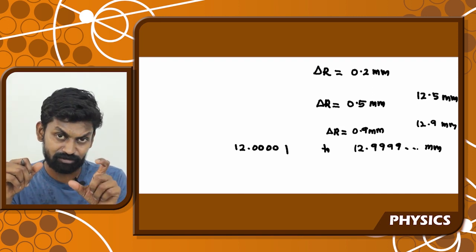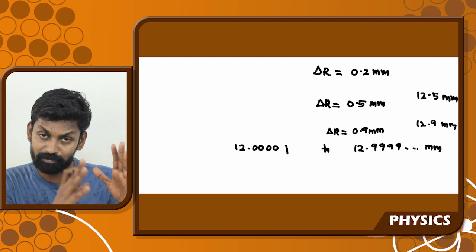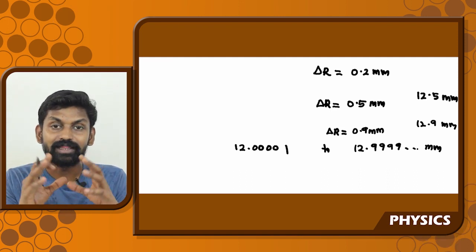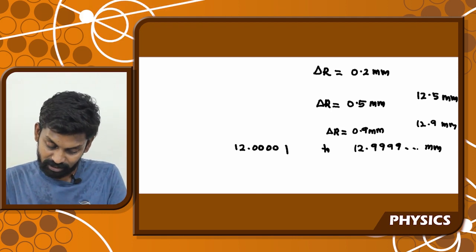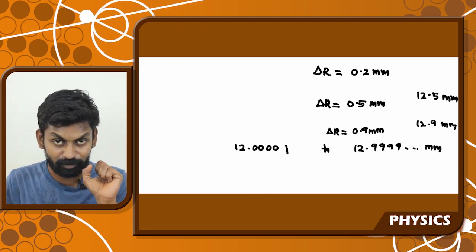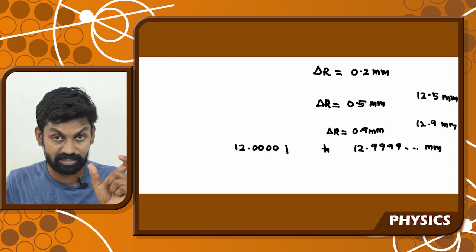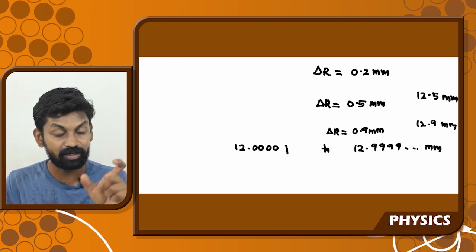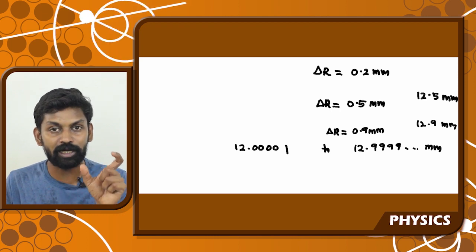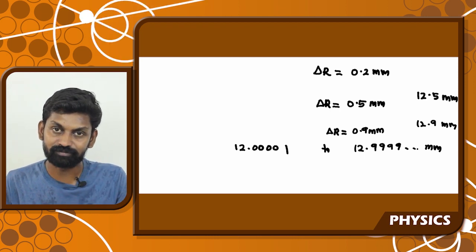So, sometimes the measuring instrument also will determine the maximum possible error. In the first case the error is 0.2 millimeter, whereas its value in the second case is 0.5 millimeter, in the third case it is 0.9 millimeter, but the maximum possible error is always 1 millimeter.